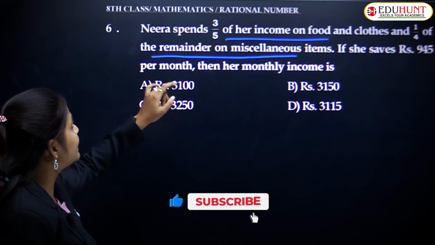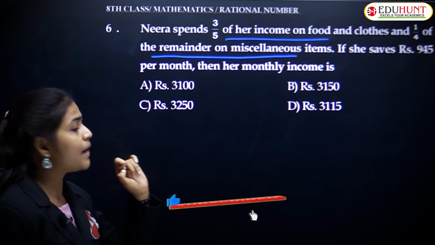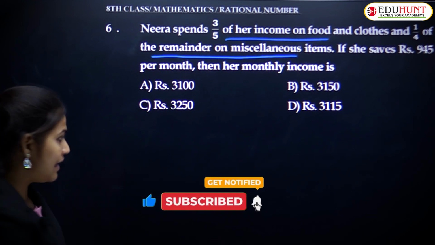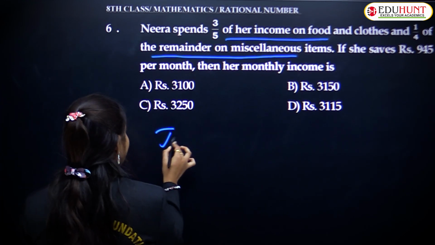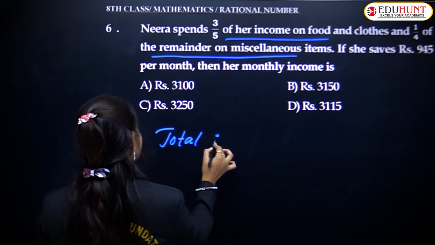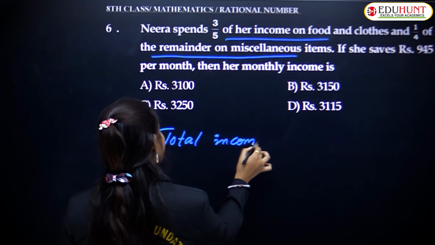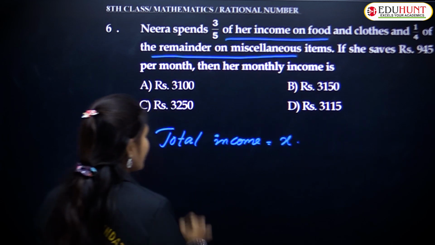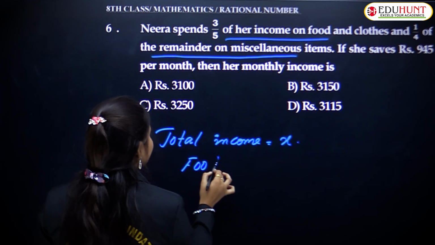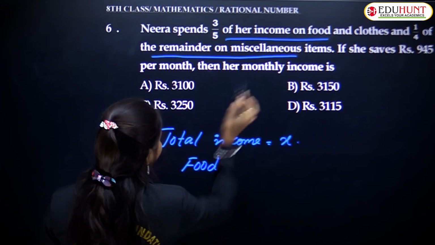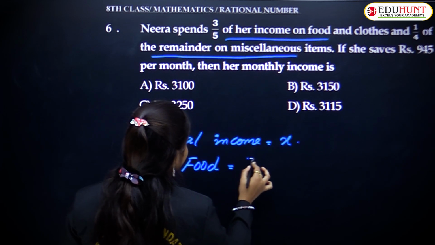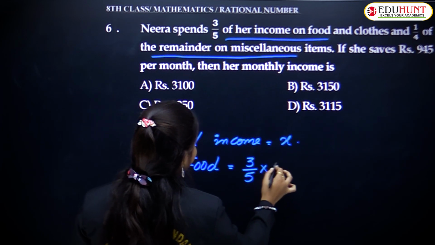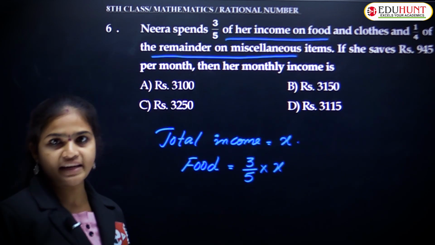Here, Neera spends 3 by 5th part of the total income. Let us take that total income as some x. Okay. So, Neera spends on food, she spends 3 by 5th part of x.